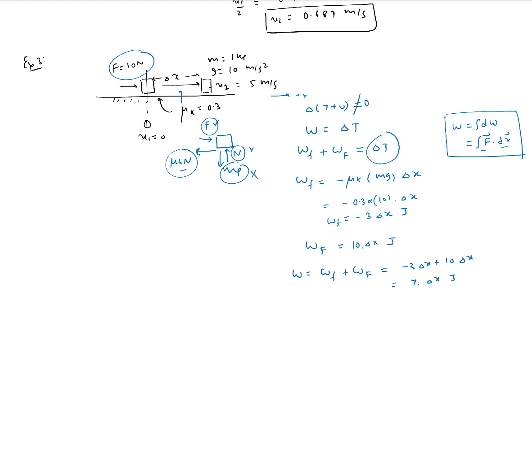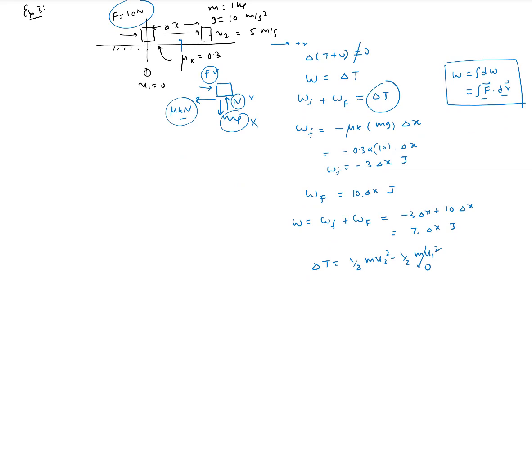What about the right hand side? ΔT. What's ΔT? ΔT is the final kinetic energy, 1/2 m v2 squared, minus the initial kinetic energy, and this is 0 because v1 is 0, speed is 0. That's 1/2 times 1 times v2, which is given to you as 5 meters per second, so that's 25, so that will be 12.5 joules. So let's equate that.